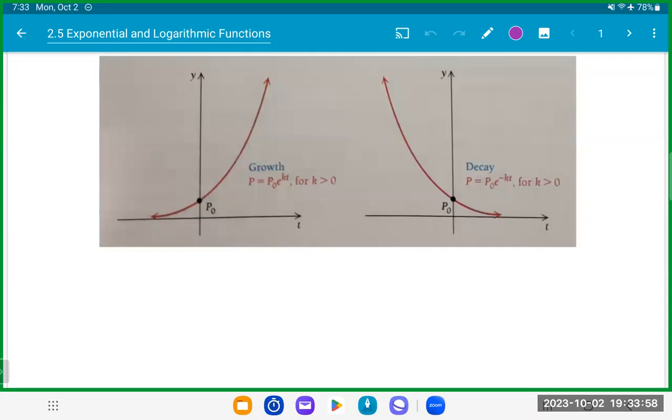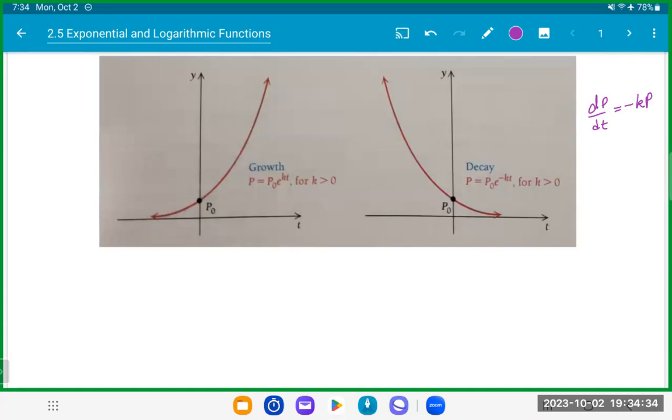Now, when we look at decay, and I did briefly mention it in the previous section, we would look at our derivative with respect to time being equal to negative K times P, okay? In this section, we'll learn to convert decay rate and half-life and some application things as well, okay?